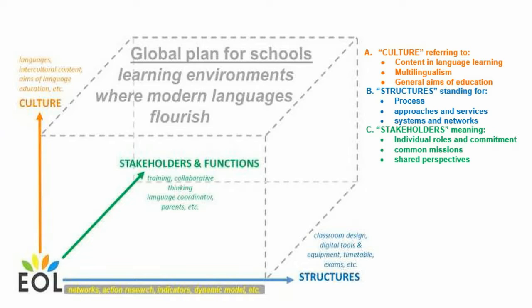How can you include as many stakeholders in your project as possible? And you're also going to have a bit more information on our three dimensions, culture, structures, and stakeholders, on the right, in orange, blue, and green, just to help you understand the meaning behind the keywords.